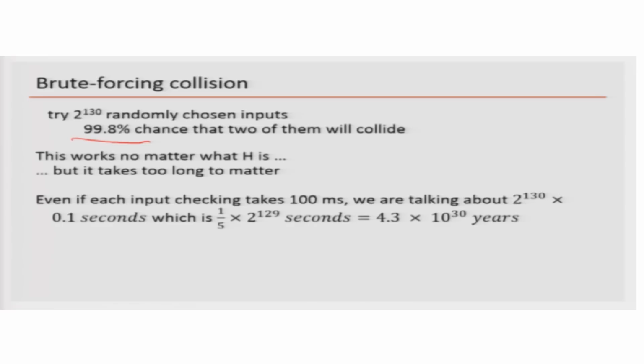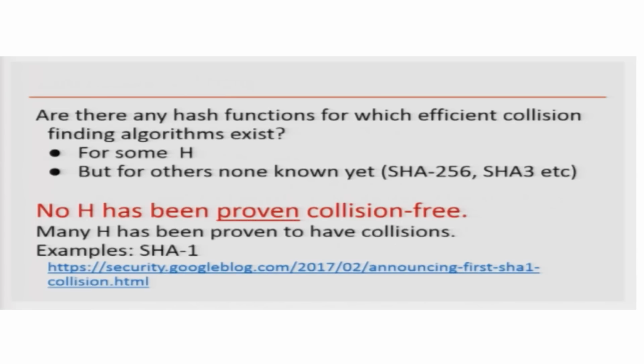The point is that suppose each input and making its hash takes, let us say, 100 milliseconds, then we are talking about 2 to the 130 times 0.1 second, which I computed approximately will become 4 times 10 to the 30 years. That is a huge number of years it will take to try this, right. So, therefore, it should not be possible to brute force the collision. Unless you find some weakness in the hash function's construction itself, it should not be possible to find the collision by just brute force.